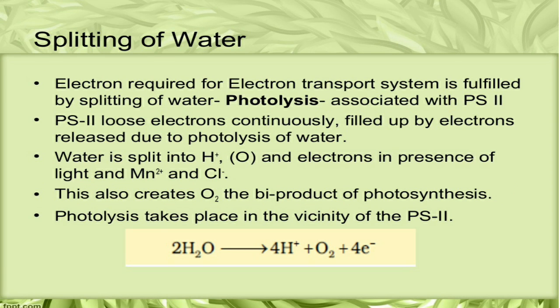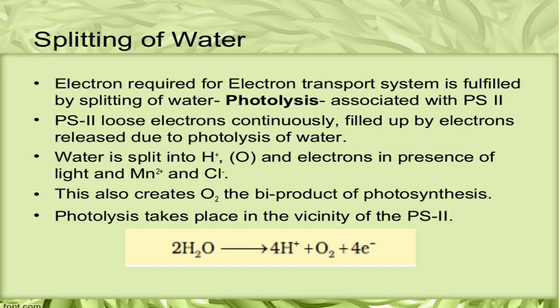Splitting of water. The electron required for the electron transport system is fulfilled by splitting of water, that is photolysis of water, associated with PS2. The electrons PS2 loses are continuously filled up by electrons released due to photolysis of water. Water is split into hydrogen, oxygen and electrons in the presence of light and manganese ion and chlorine ion.